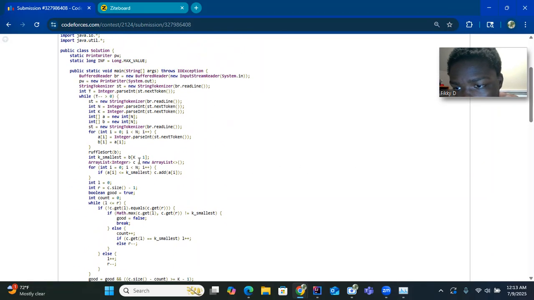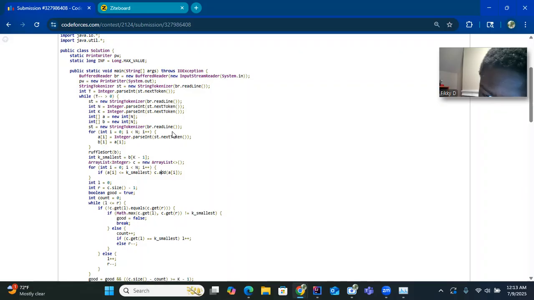First thing we'll do is sort it, and then we'll notice that anything under k smallest can be kept. Everything greater than a sub k, just get out of here. We can remove all instances and we'll still be fine, because we proved that. Once that's gone, we can just check if it's a palindrome.